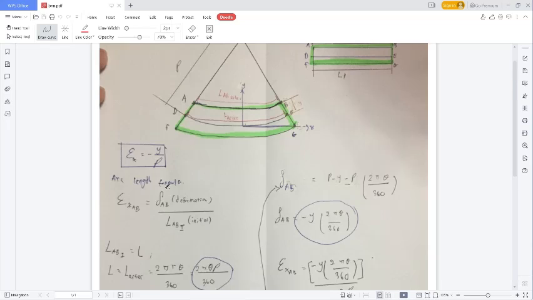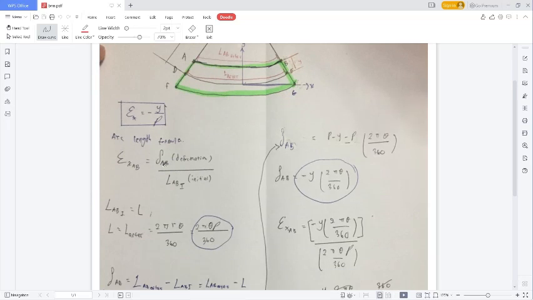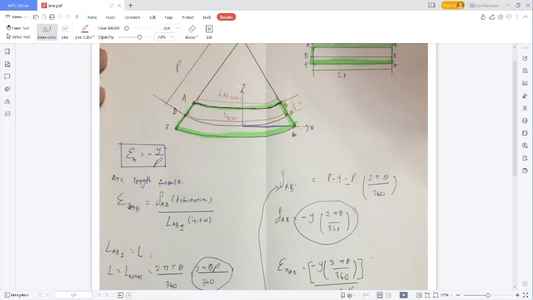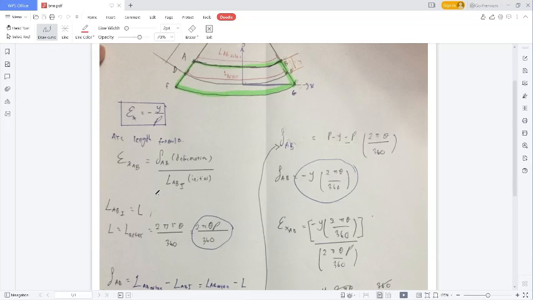Let's say we want to analyze the strain at AB with respect to the x-axis, for the length AB, which is this length. We know that the conventional formula for normal strain is equal to the deformation over the initial length.